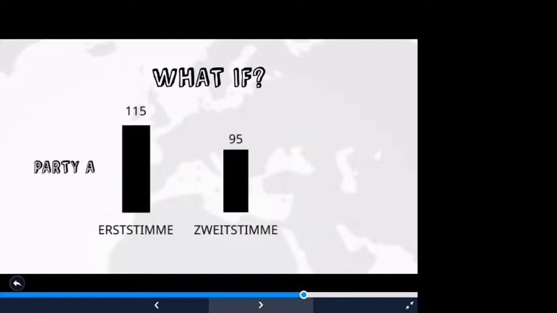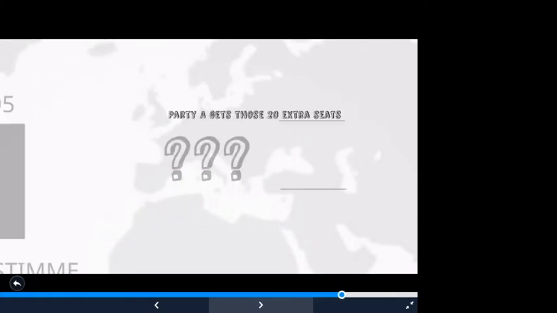But what if a party, say party A, gets 115 seats in the first vote while it should have gotten 95 according to its proportion via the second vote? This is when it gets really complicated. In the case of such eventuality, party A gets to keep those 20 extra seats.